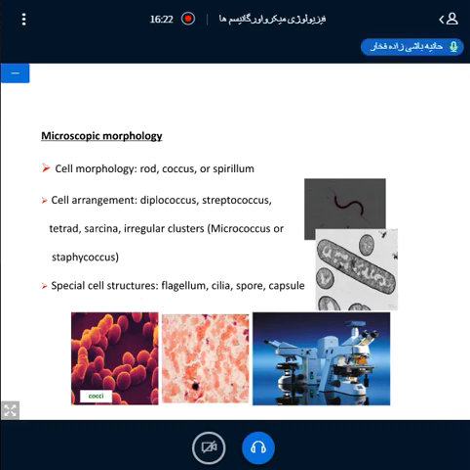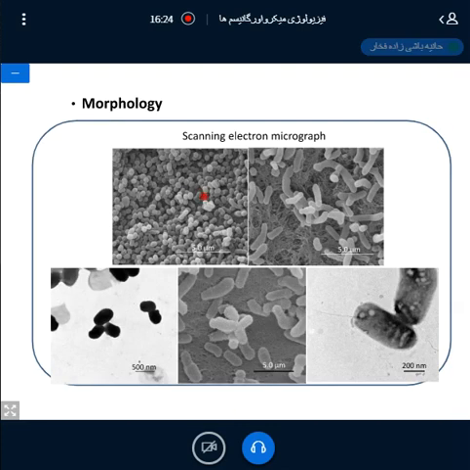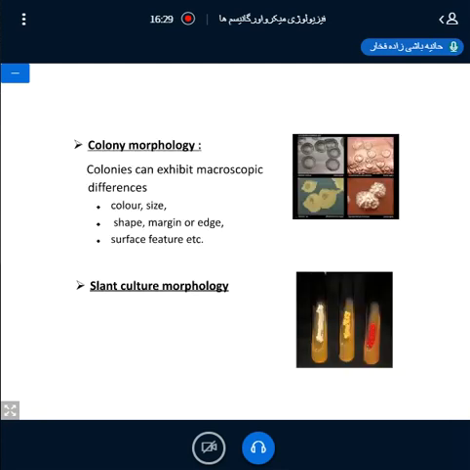Okay, next slide. This morphology, we explained it to you. And we have colony morphology. Colonies can exhibit macroscopic differences like color or size, shape, margin or edge, and surface features. And we have culture morphology.